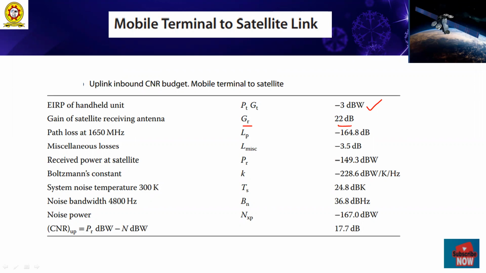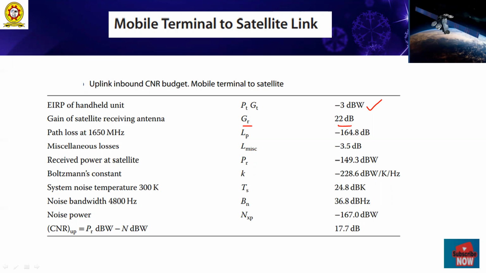So the path loss at this 1650 megahertz, it is the path loss for this problem, minus 164.8 dB. And we have miscellaneous loss minus 3.5 and received power minus 149.3.